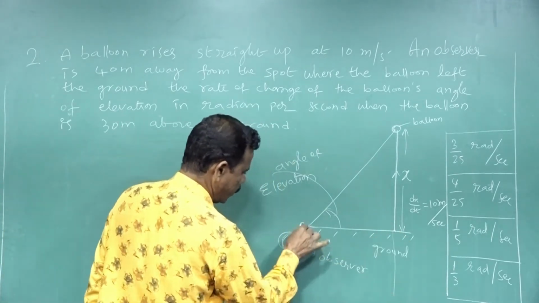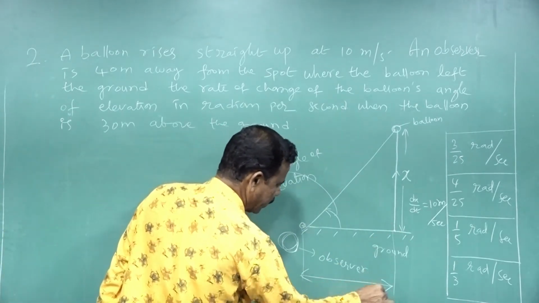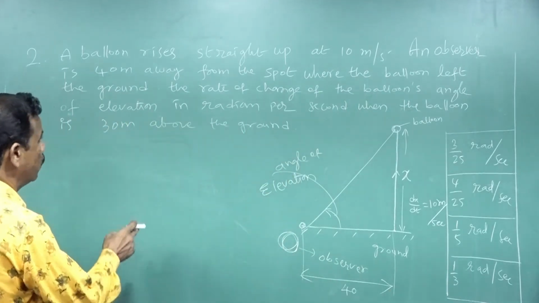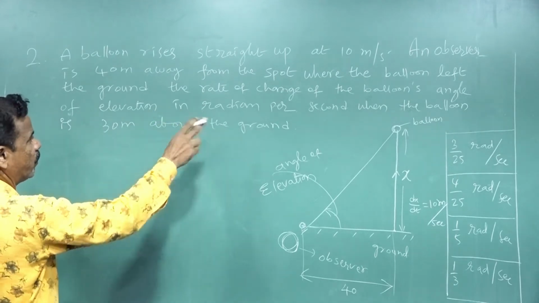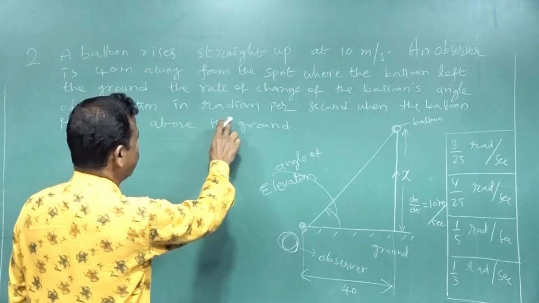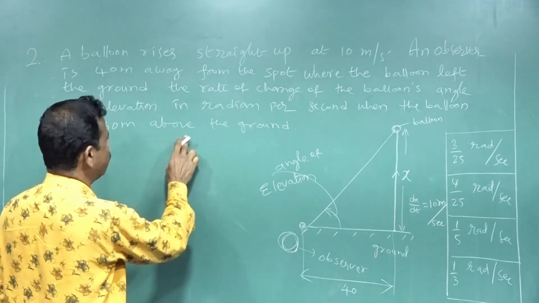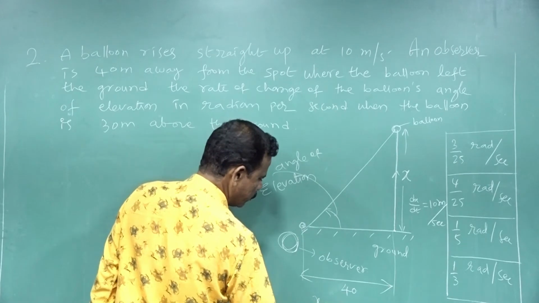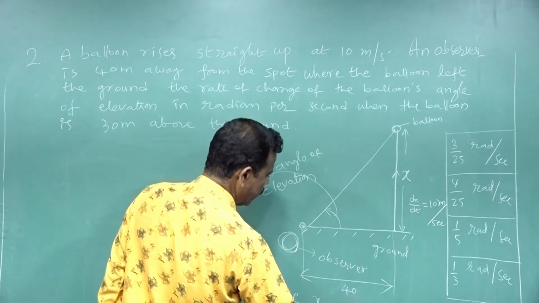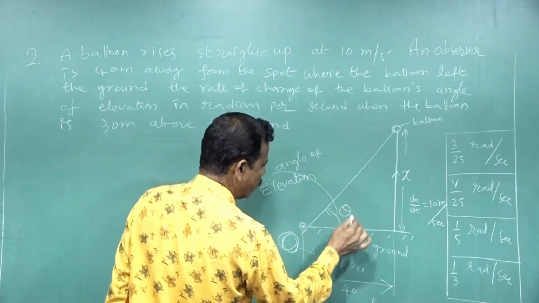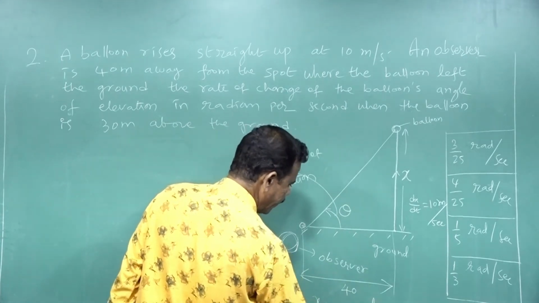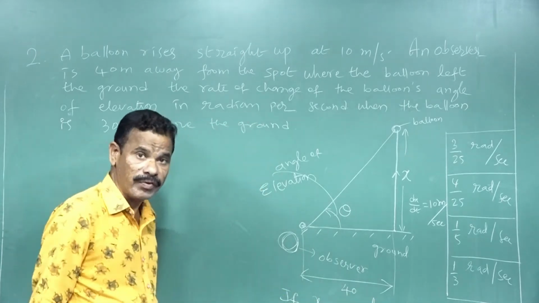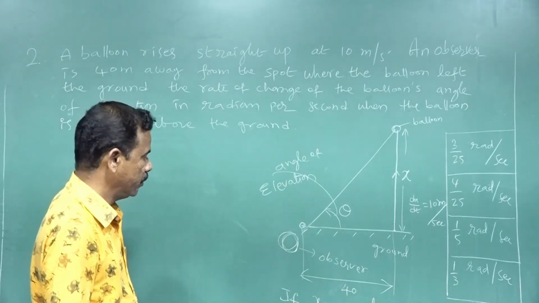So this distance is 40, given. And what is the question? The rate of change of the balloon's angle of elevation when the balloon is 30 meters above the ground. If x is equal to 30, this angle is denoted by theta, and d theta by dt, how much? This is the rate of change of the angle of elevation.